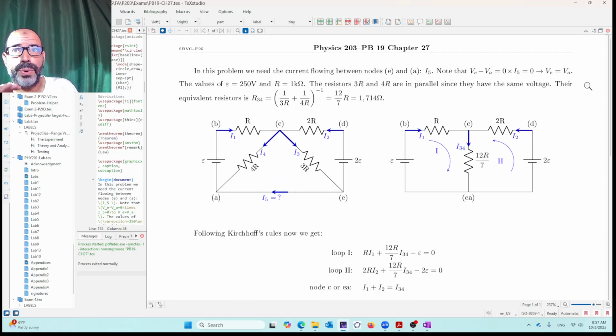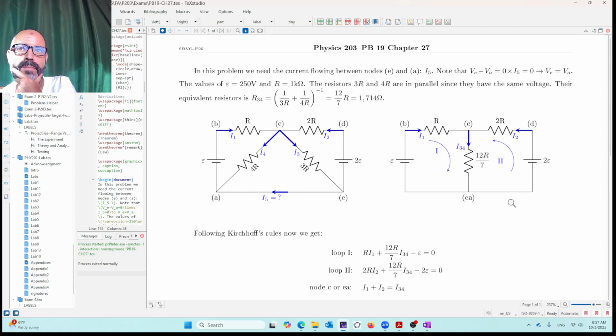There is nothing wrong with the approach we took in the class. It was long, that's all. If you're familiar with the algebraic tricks and methods, that's the safest bet to go about these problems. Because in this particular case, you were kind of lucky. You had a situation that can be reduced into an easier problem. But imagine with me that there is a resistor in here, 5R for example.